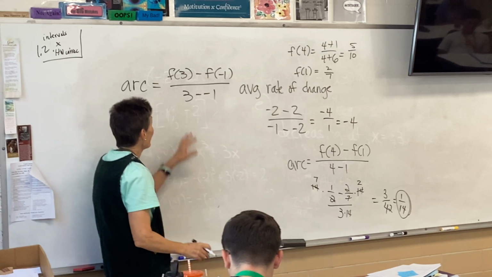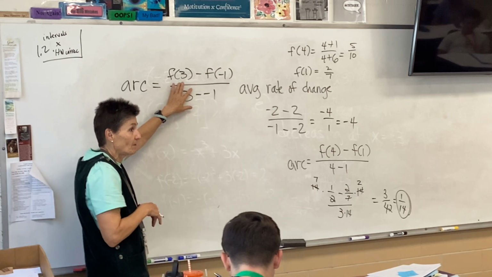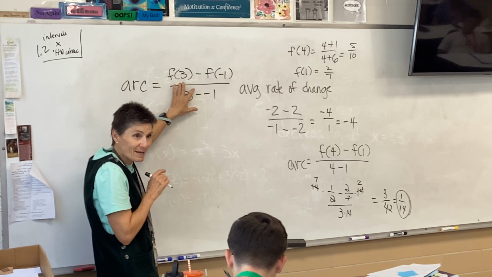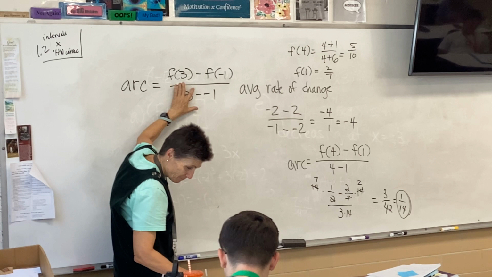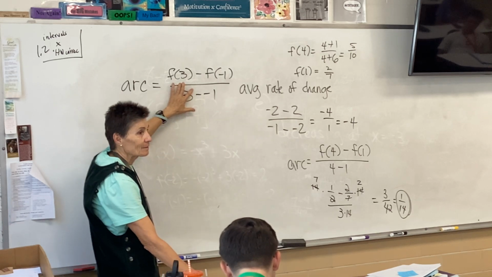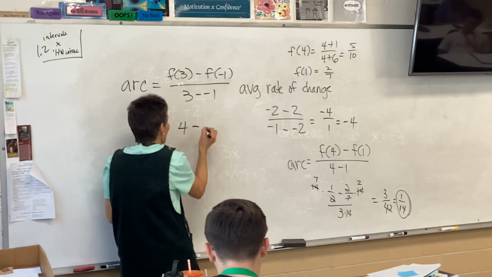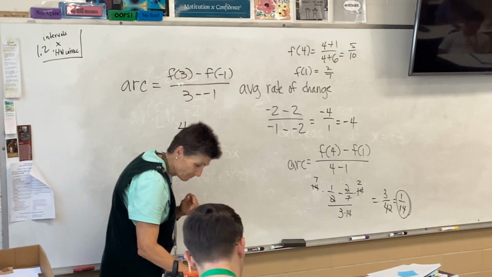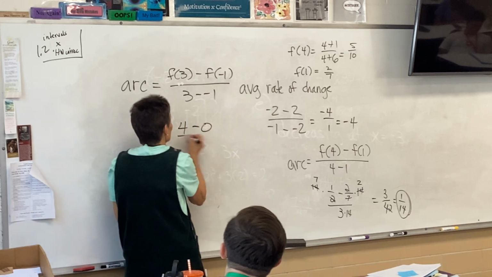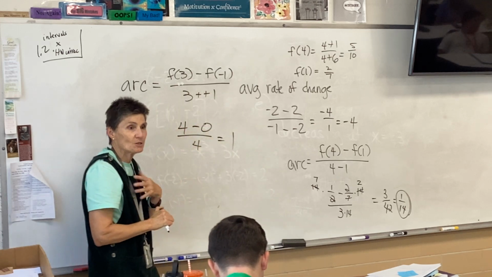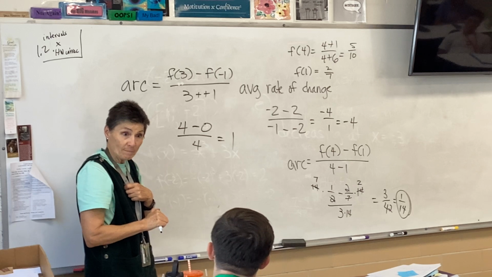How are we going to find f of 3 when we don't have a function rule to do it? We have our picture, right? So what's f of 3? 4. What's f of -1? 0 over 4. So it looks like my average rate of change is 1.